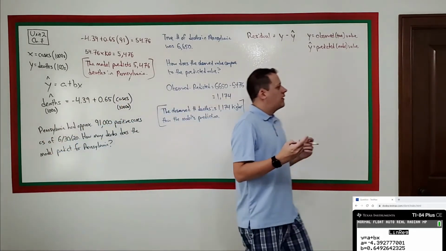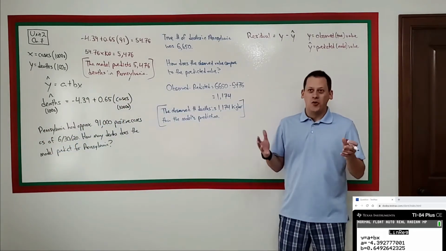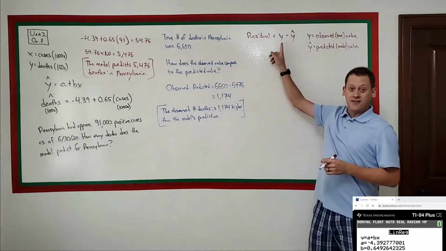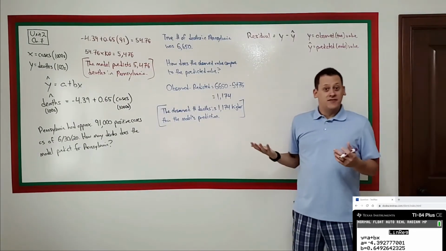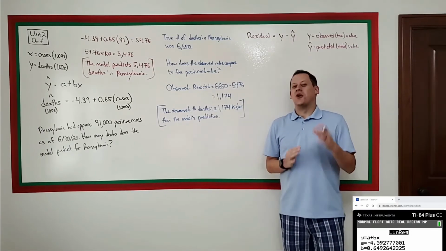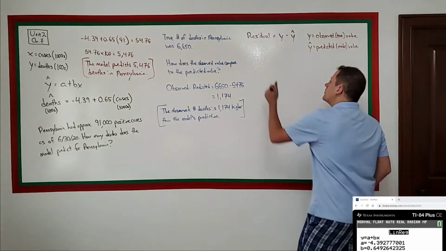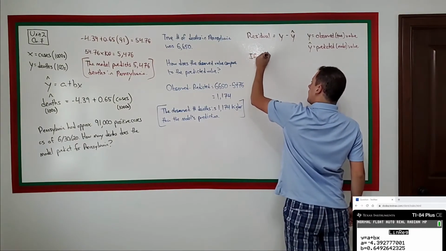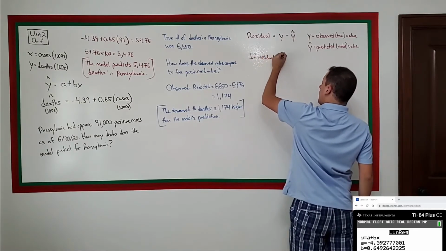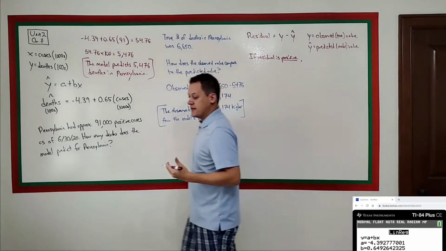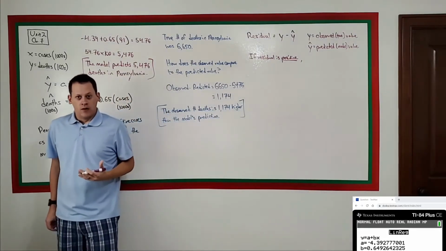Most of the time, there are two possible outcomes when you calculate this difference. You could get a positive difference or a negative difference. You could get a difference of 0. That's not going to happen very often. So if the residual is positive, what does that represent?